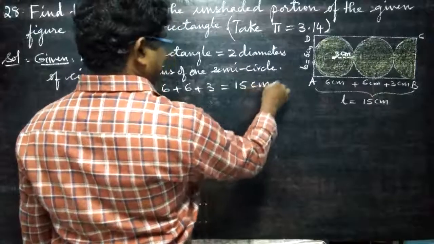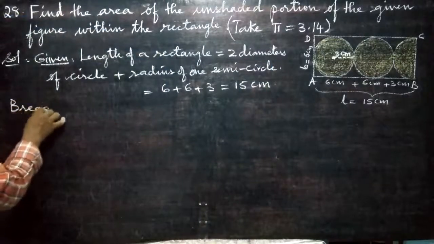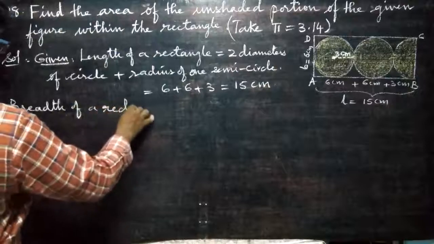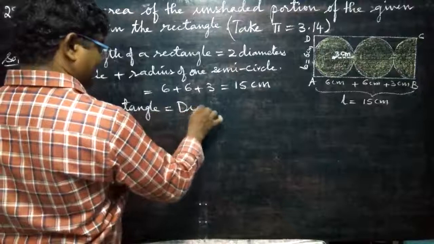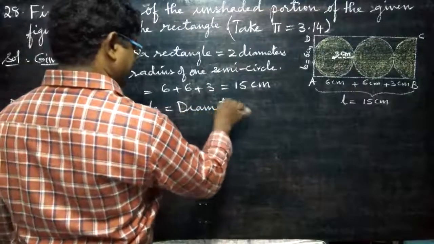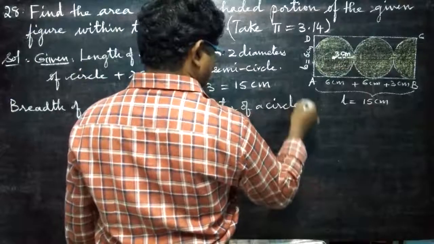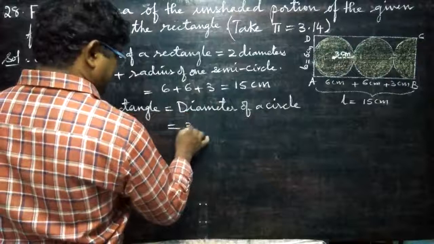15 centimeters is length. Next, breadth of a rectangle. How we calculate breadth of a rectangle: it is equal to diameter of a circle. How much is diameter? That is equal to 3 plus 3.